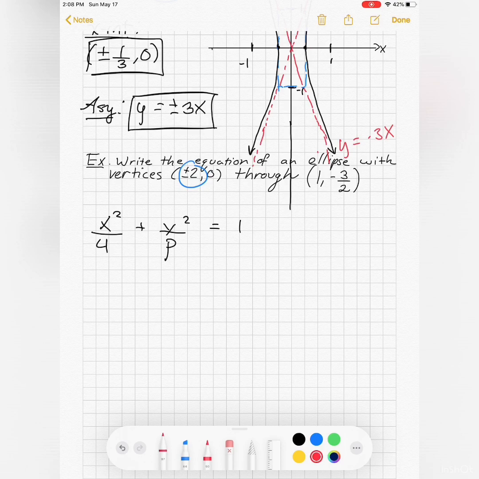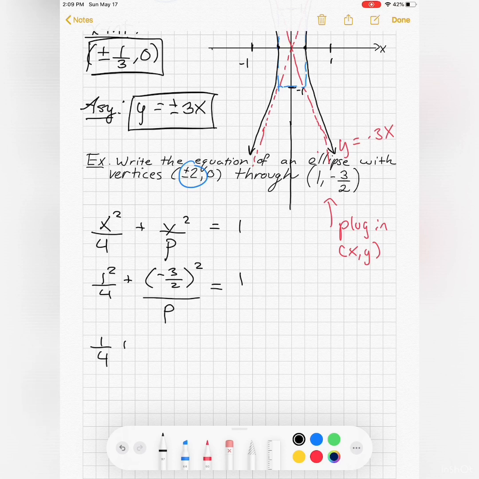So what I'm gonna do is, I'm gonna plug in this point. Okay, so the x is 1. The y is negative 3/2. Okay, so that's 1 over 4. It's 9/4 over p equals 1.